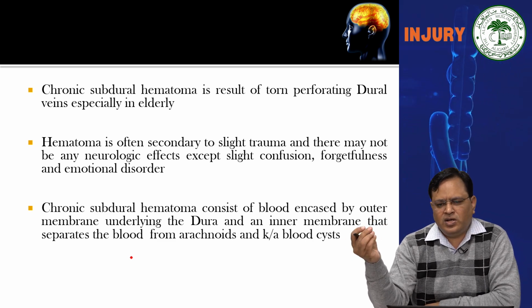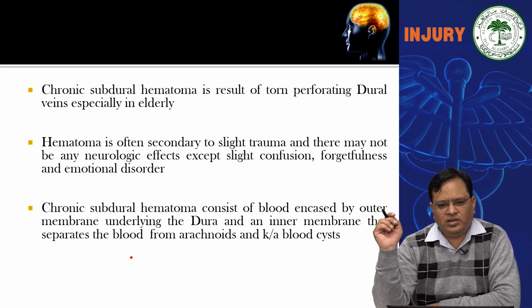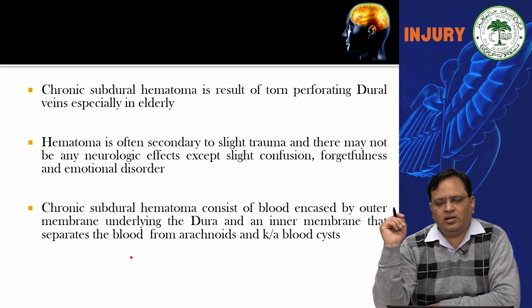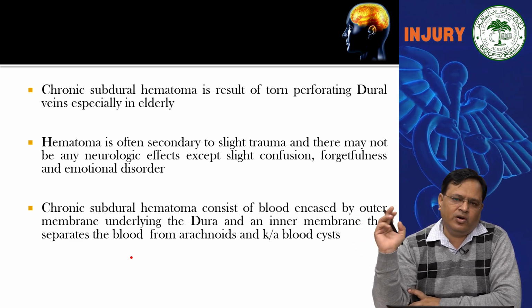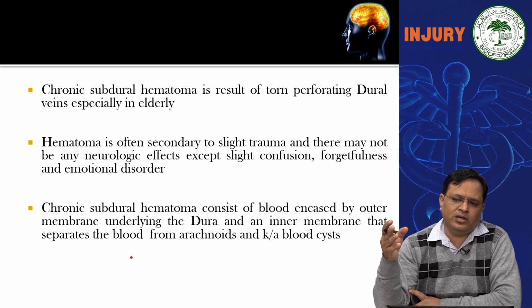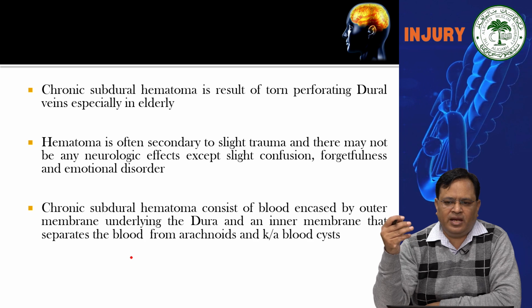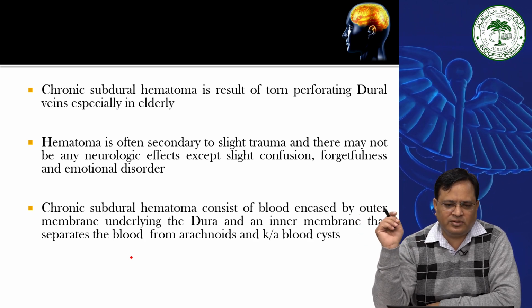Hematoma is often secondary to silent trauma, and there may not be any neurological deficit except slight confusion. A person develops hematoma without any features and it goes on, resolves and forms a membrane. We will be seeing forgetfulness and memory and behavior disorders.